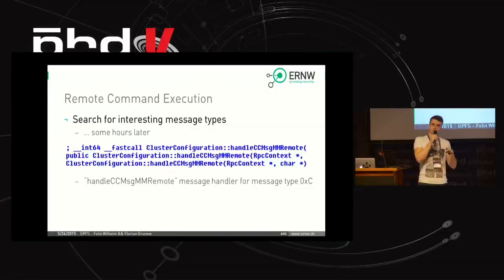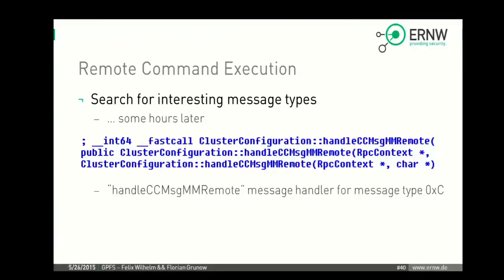So we started analyzing the protocol used for the inter-node communication. And if you spend some time searching for interesting message types, then you find a function called handle cc message remote, which is basically some kind of RPC message mechanism. It has the message type hex C.